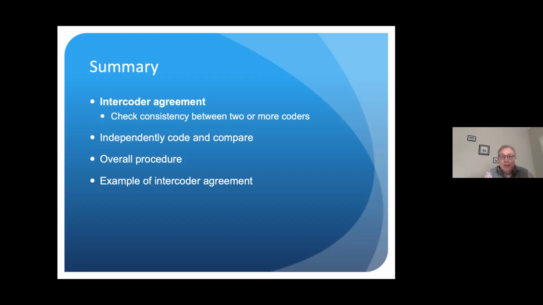Two, if you have editors or reviewers of a manuscript who are insisting on reporting an intercoder agreement, and you've done this appropriately ahead of time, you will be able to provide that number if needed, even noting that our initial agreement was 50%, but then we met, refined the code book, and were able to improve agreement. Again, there are limitations to intercoder agreement, but sometimes it might just be necessary.